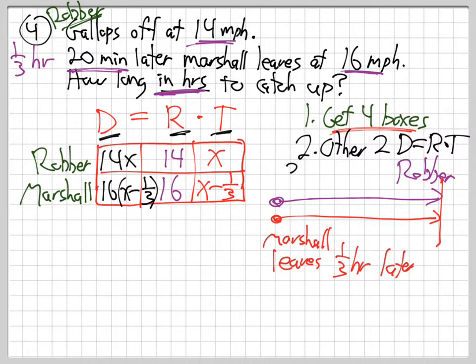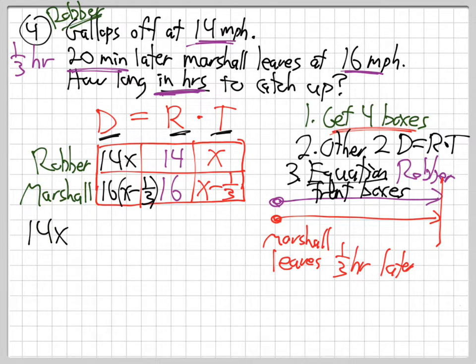Now, what's step 3 about? Some kind of equation. It's not always adding. Equation from the front boxes. I'm going to use the 14x and the 16x minus 1/3, and I'm going to write some kind of plus or minus or maybe just equals. There's got to be an equal sign somewhere. That's what an equation means, right?